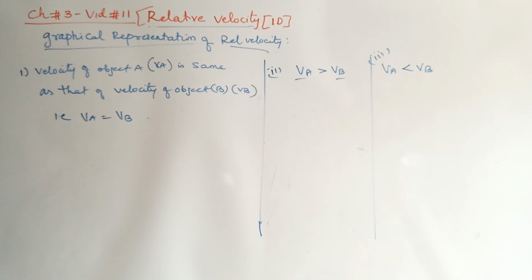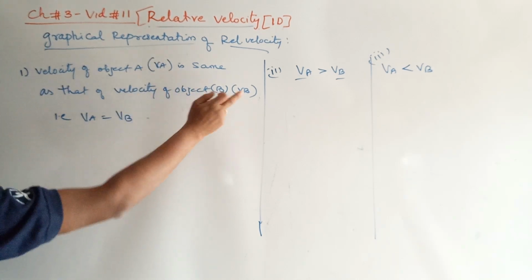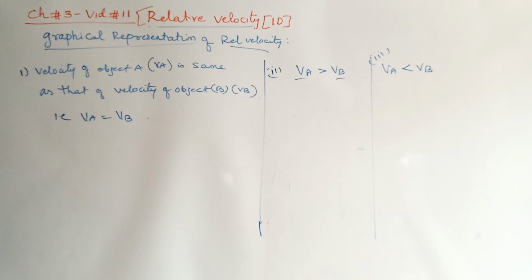I wish to now show different kinds of representations of two bodies having various velocities. Now, what is the first case? First case is that consider an object A moving with velocity VA, same velocity as that of object B. There are two objects A and B moving with the same velocities, starting at the same time but having different positions.